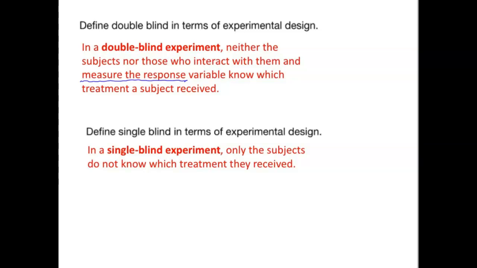The reason we need this is sometimes you need a third party to diagnose your subjects when you're testing something. So in this case, I want to be clear, the experimenter is different from the person who is measuring the response. This would be like a drug company testing a new drug.